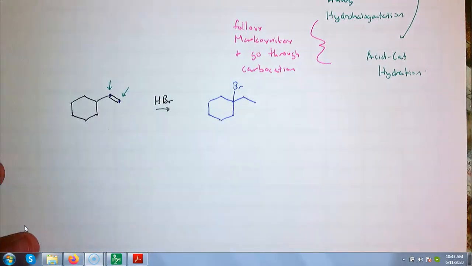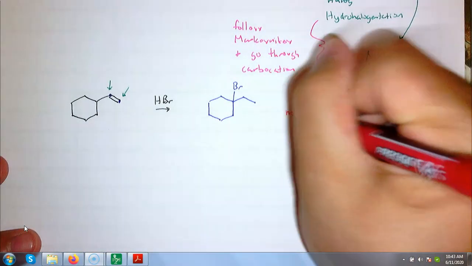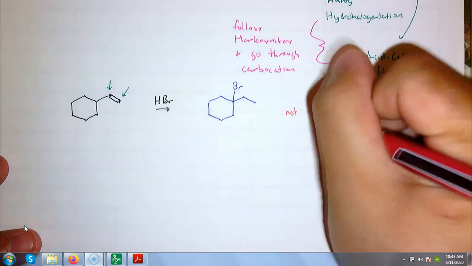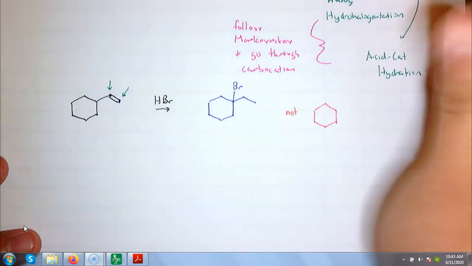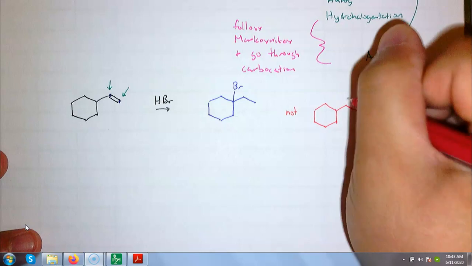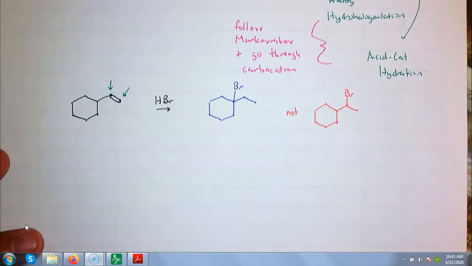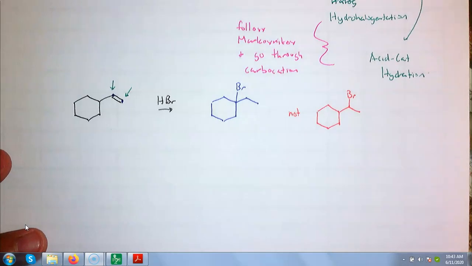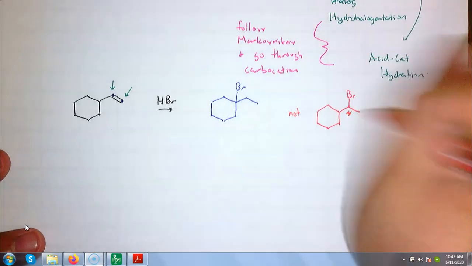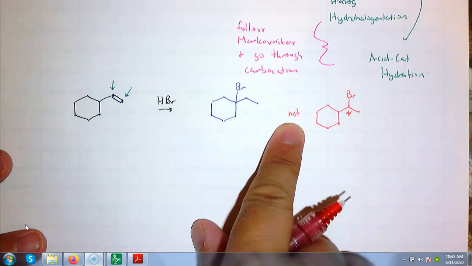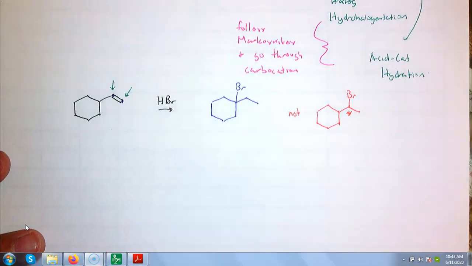So what you were expecting, which is fine, because I haven't yet gotten over this weird behavior, was something like this. And if you do that on a scratch sheet of paper, you would also hopefully have realized that you created a chiral carbon. But that's not what's happening. So this is your answer, and your only answer.